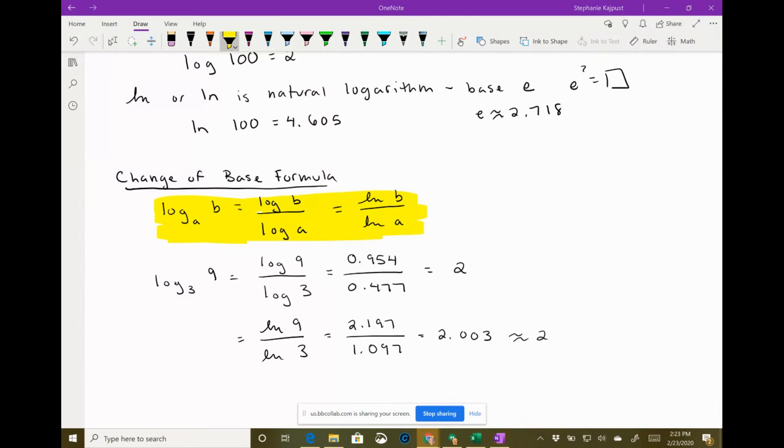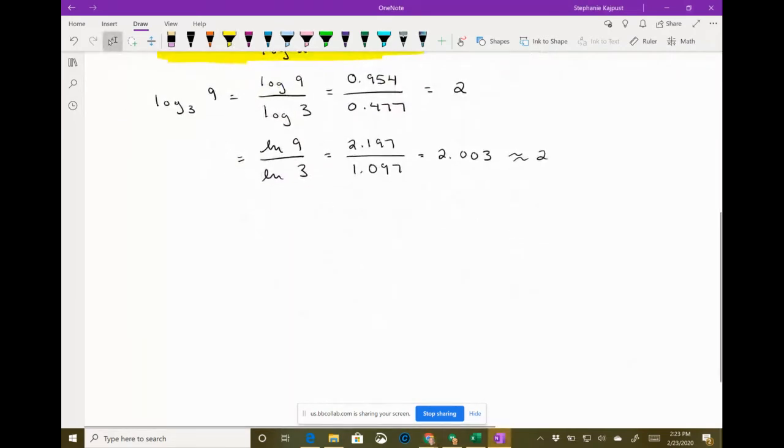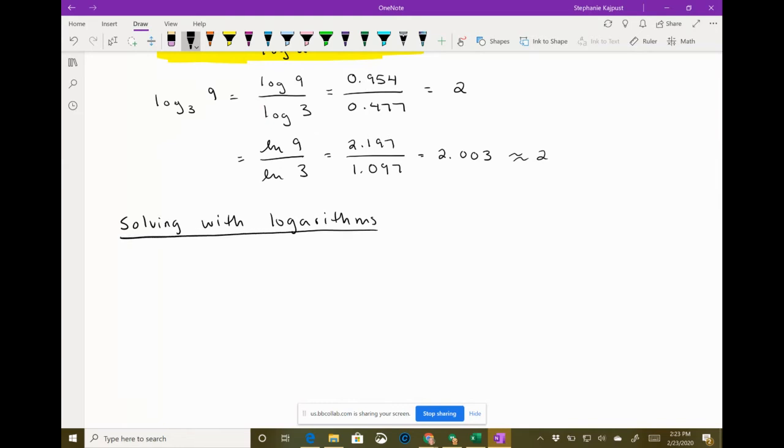So now Davis was asking about how you solve things with logarithms. So, solving with logarithms. We can do two sort of things with logarithms.